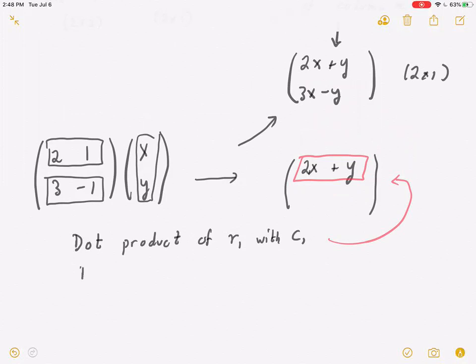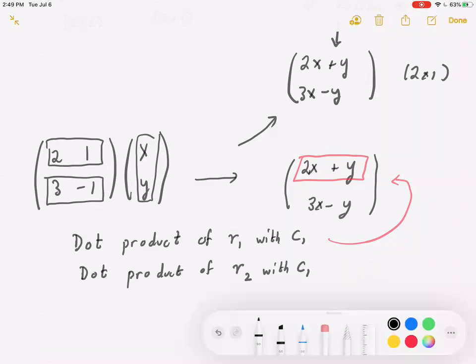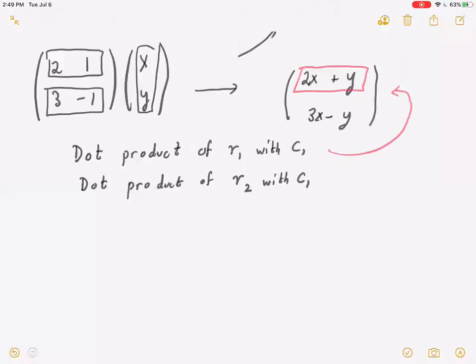So that's equivalent to taking the dot product of row 2, which is just a row vector, with column 1. And in that case, it's just 3x minus 1. And that's what you get here.